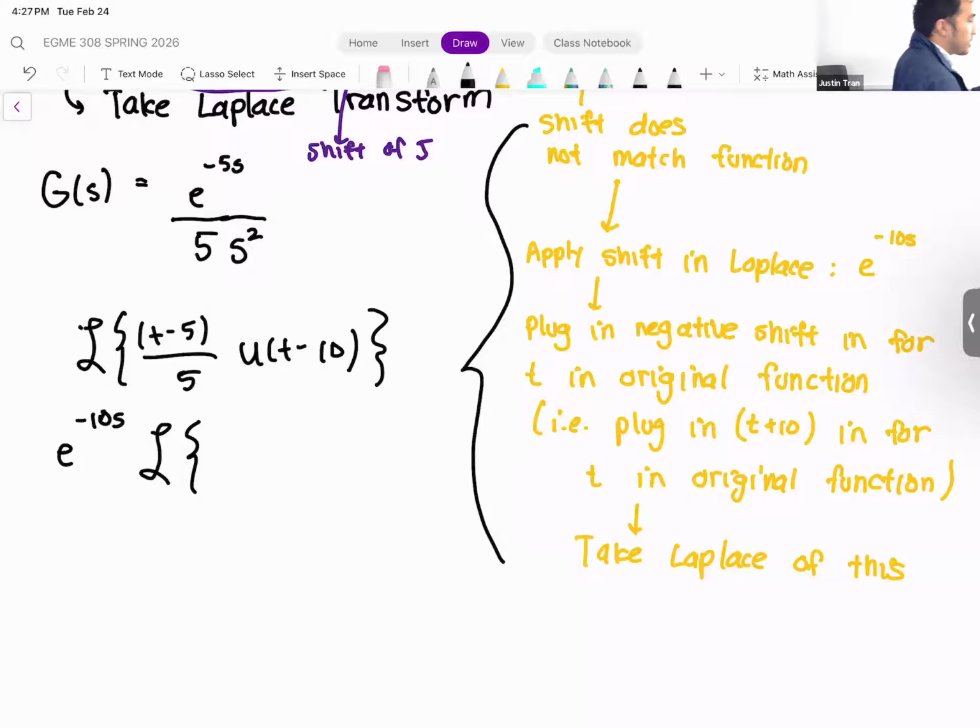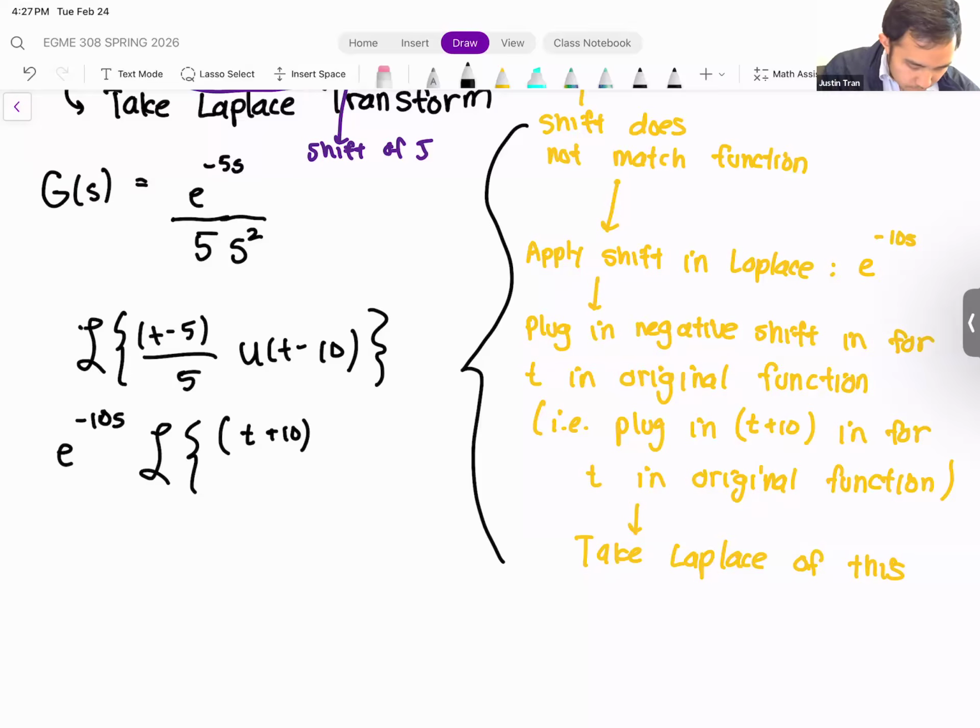That eliminates the step function from our expression. We don't have to worry about that anymore because we already applied our shift. But now that we've applied our shift, we need to plug that opposite shift in for our original function. So instead of taking the Laplace transform of t minus 5 over 5, we're now taking the Laplace transform of, instead of t, we plug in t plus 10.